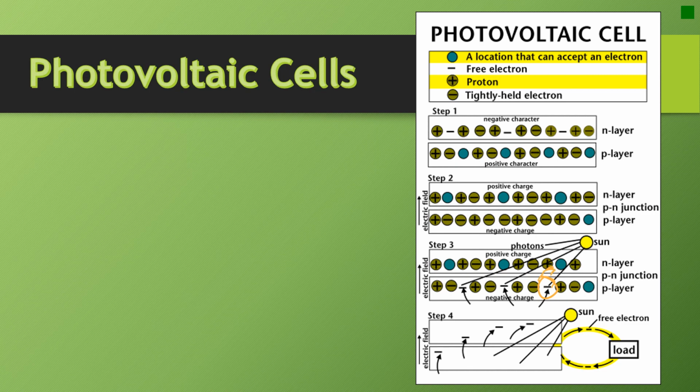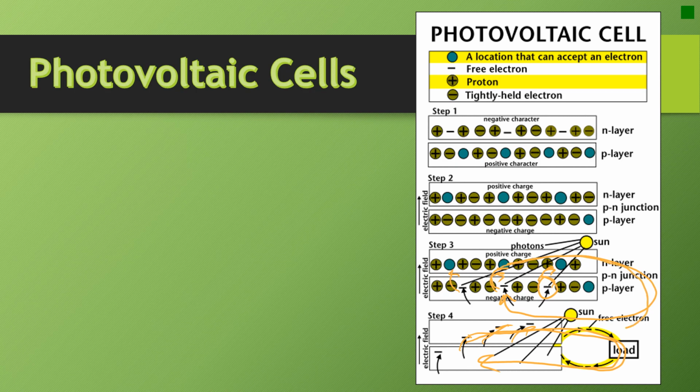Any electron that's hit will try to move to a hole on the N layer. Then you've got this 4th step. These electrons are moving up to your N layer, and then they join the circuit, where the electrons are flowing. And now, they just moved up here, they're going to try to go back to their home base.